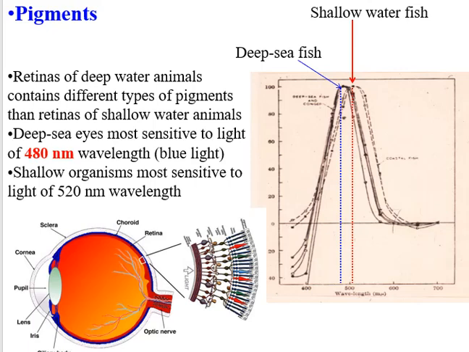And the squid eye is very similar, but there's the pupil, this opening that light passes through, there's a lens that changes shape and focuses light on the back of the eye on this layer of cells called the retina.